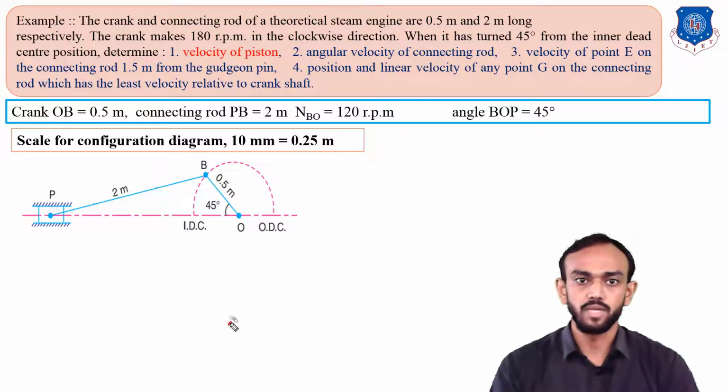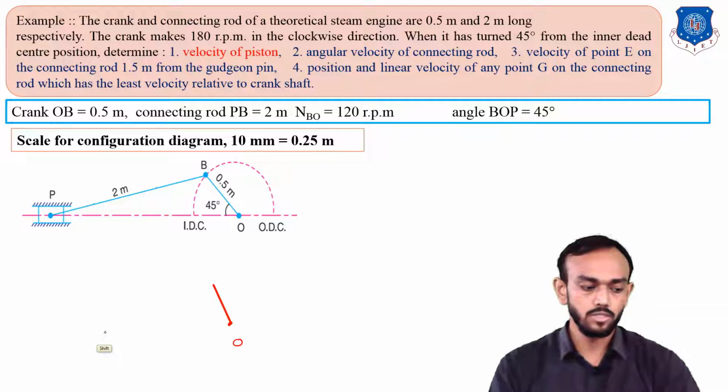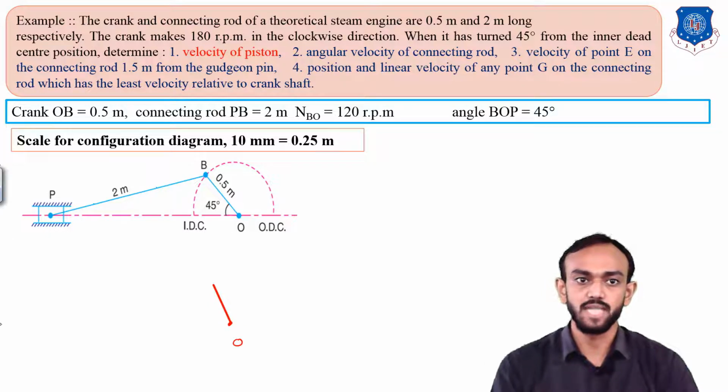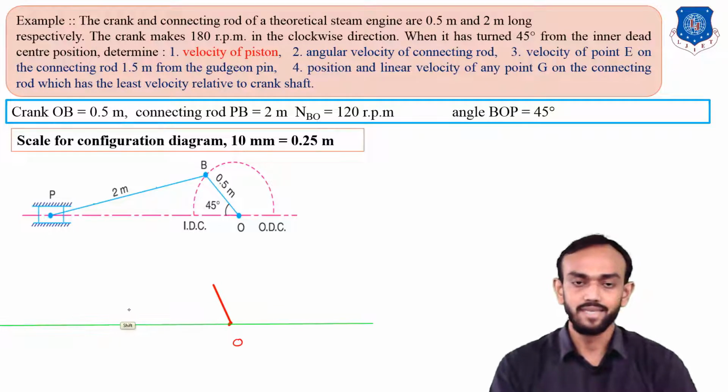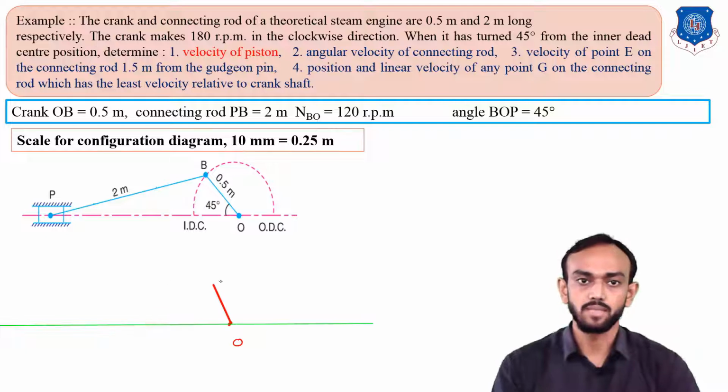So first of all, we put here the center of the crank, which is O, then the length of that crank. Now how will you put the connecting rod? The angle is not given, so you first have to draw the line of action of the piston, like this, and then you will make an arc according to this 2 meter, which will be 8 centimeter in our drawing.